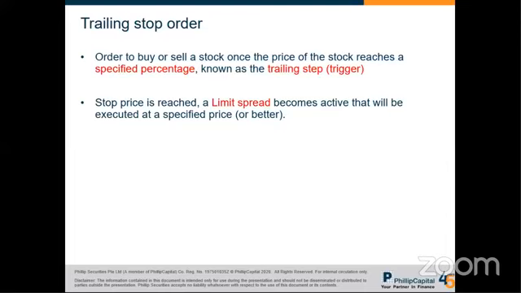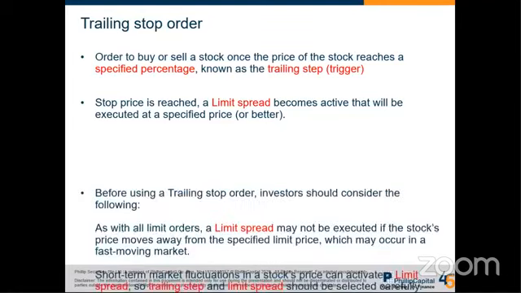Next is the trailing stop order. It is very similar to the stop limit order, but instead of keying in an exact price, you use a percentage. That's the trailing trigger. Then for this, what you use is the limit spread. Later we'll show you an example of that also. So above a certain number of spreads, maybe +1 or -1, the order becomes active.